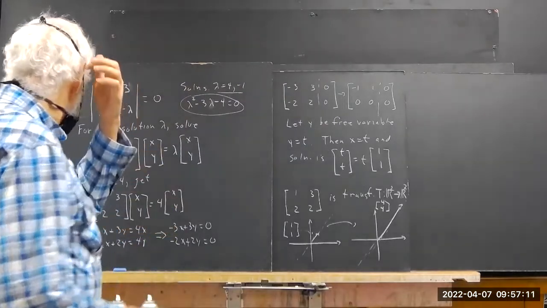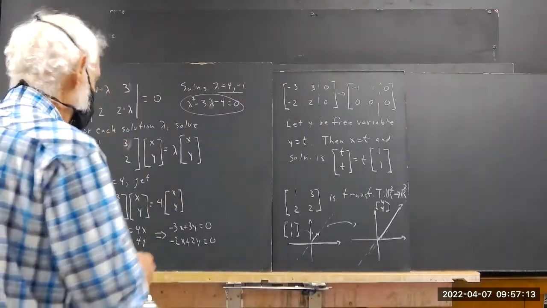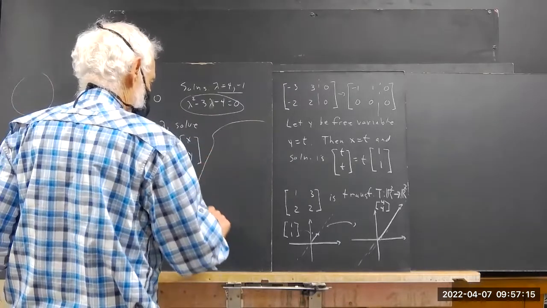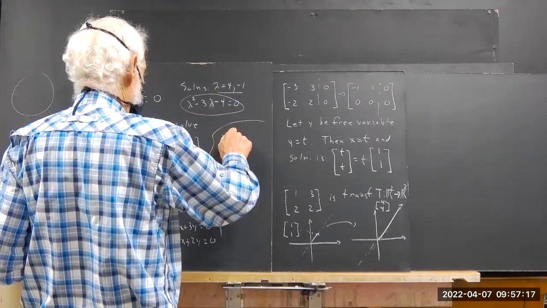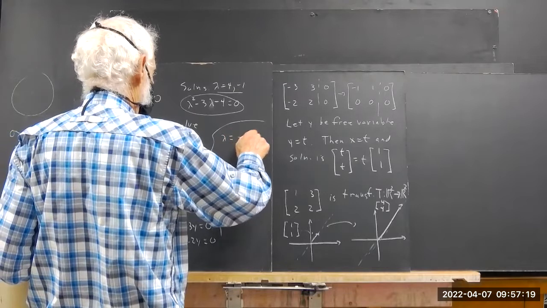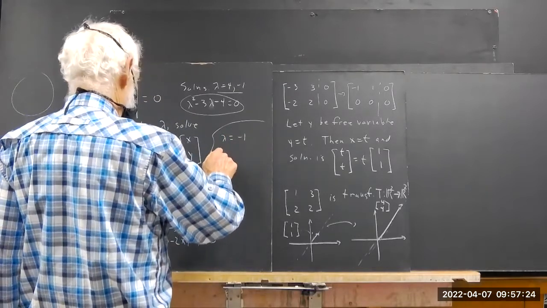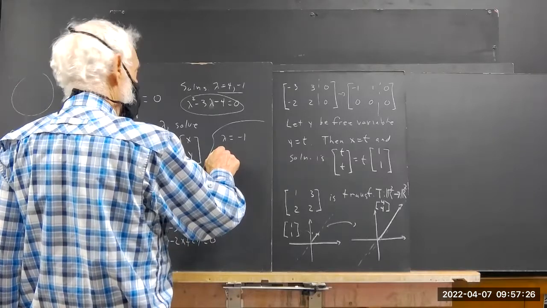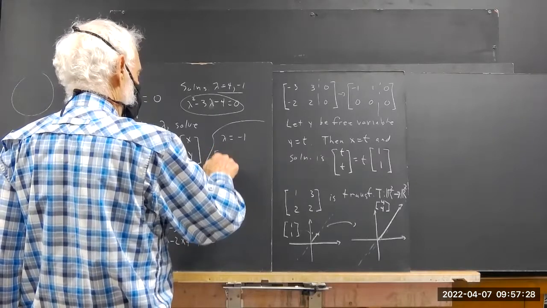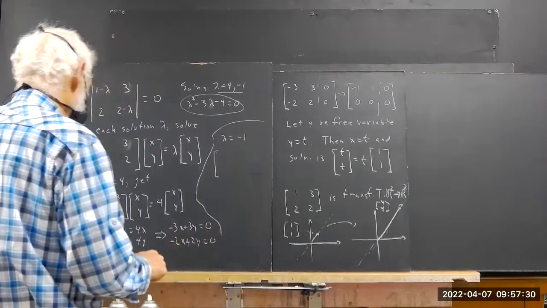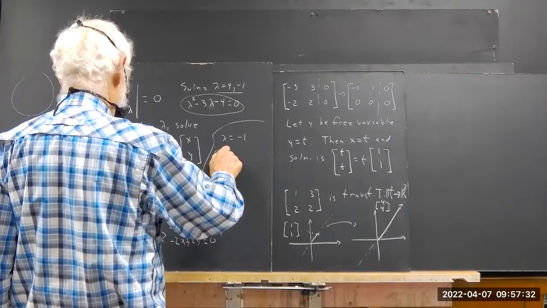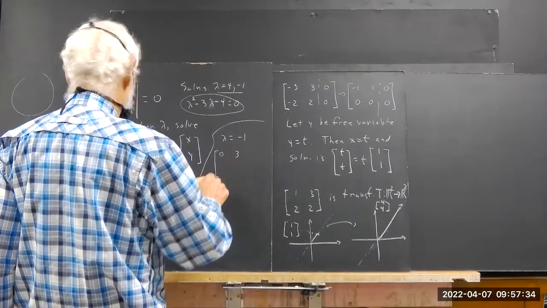Now the other solution, lambda equals -1, gives us the matrix 0, 3.